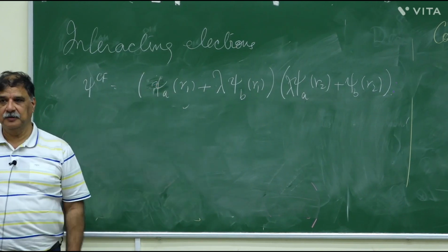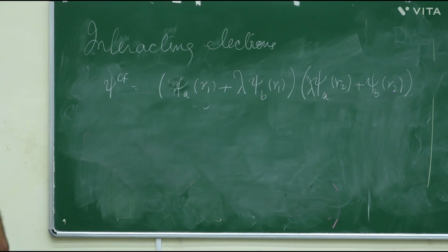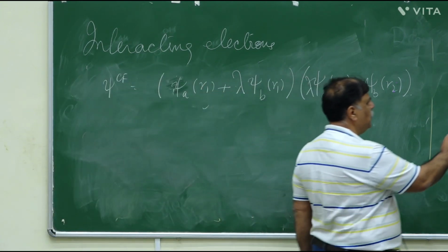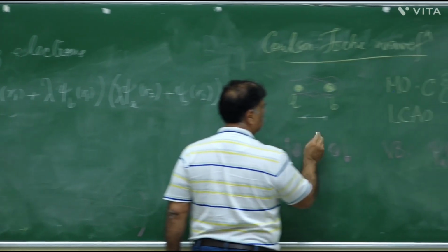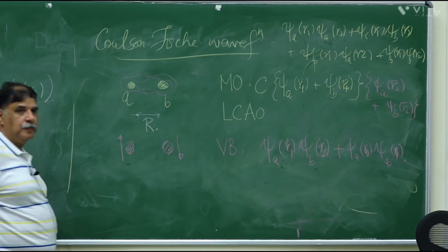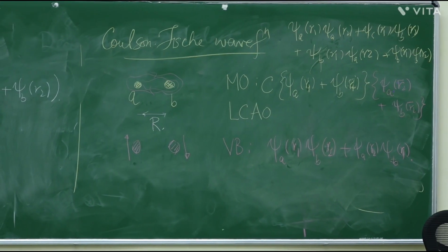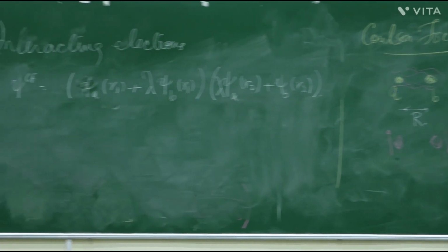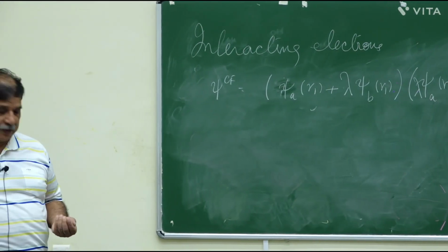Okay, this is neither that nor this. And they said, let me find out, if I increase the distance between these two, and do a variation calculation to find lambda, how does lambda change?